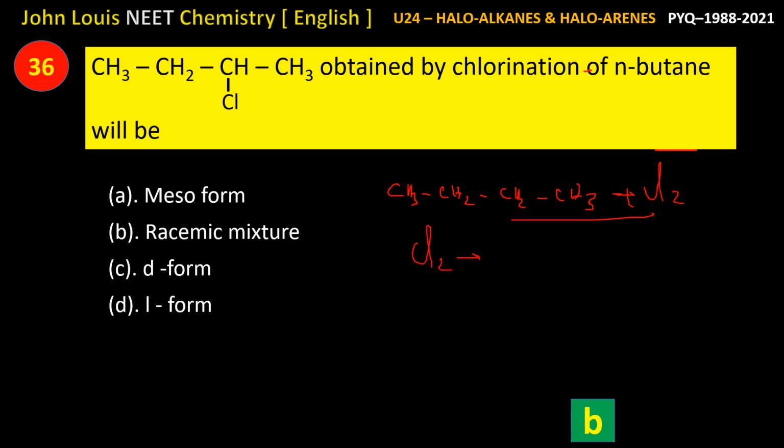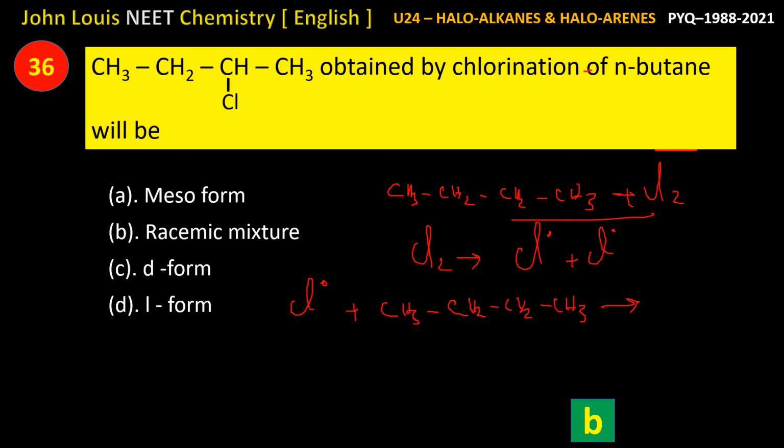So first chlorine splits into two chlorine free radicals, Cl with one electron, that is called free radical. Now this Cl free radical attacks the alkane CH3, CH2, CH2, CH3, and it forms secondary free radical. Only here this hydrogen will be removed.